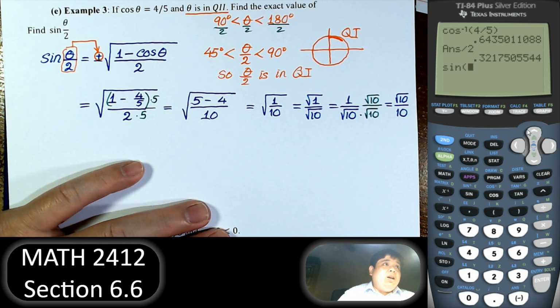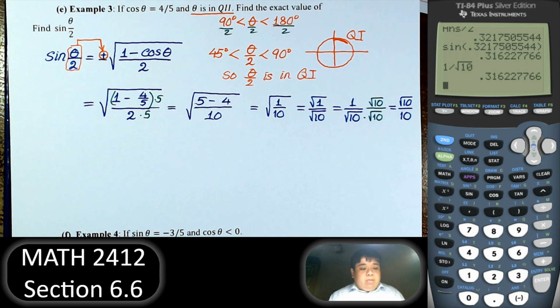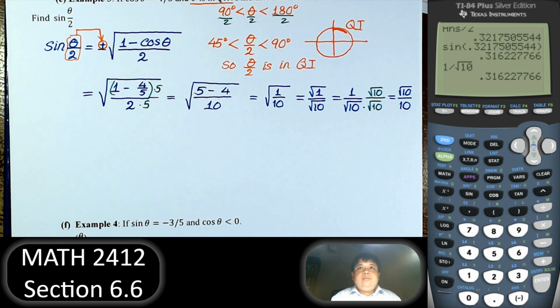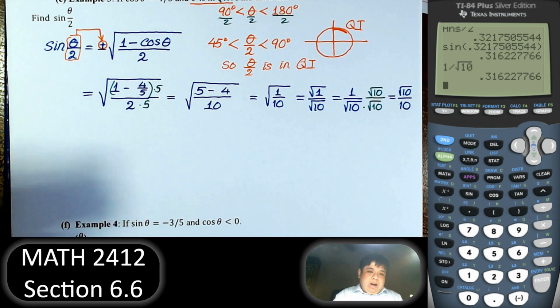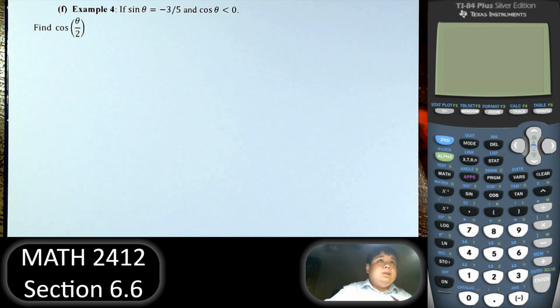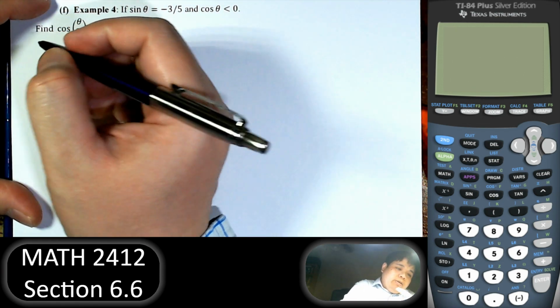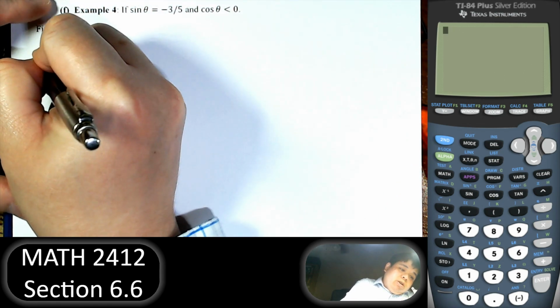Then we take the sine of that angle. Now is that 1 over square root of 10? It is. So that's good. On this one, everything is in the first quadrant, so that turned out nicely. Next. Cosine of theta over 2. So we start with the formula first.